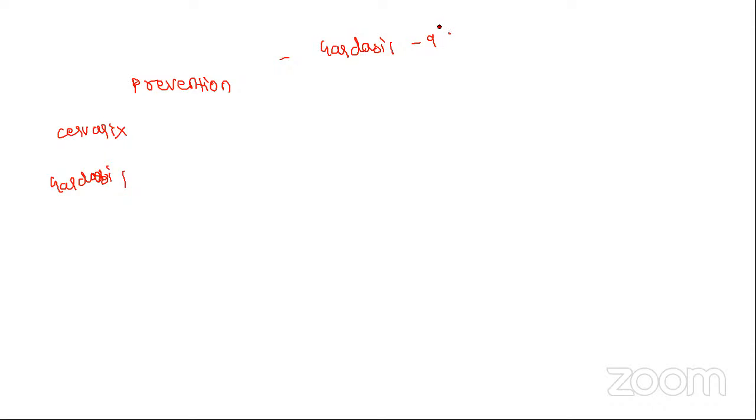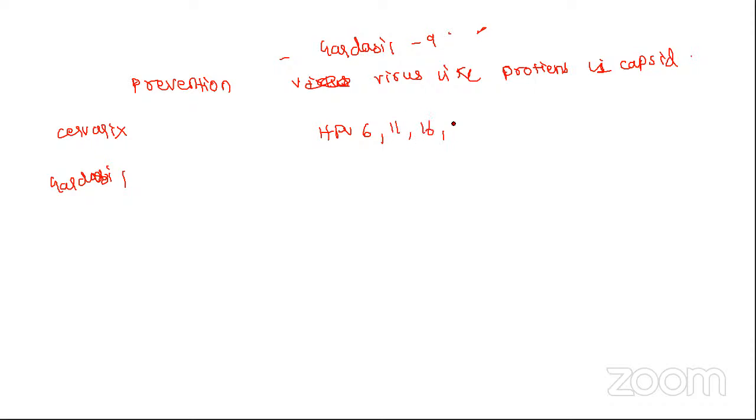And how the Gardasil 9 vaccine is prepared: it contains the purified inactive forms of virus-like proteins, that is the L1 capsid protein of 9 HPVs: HPV 6, 11, 16, 18, 31, 33, 45, 52, 58.